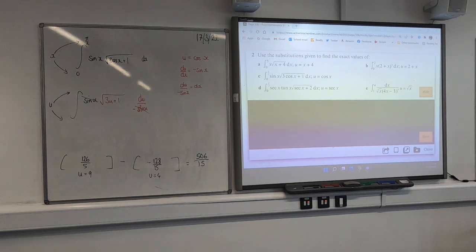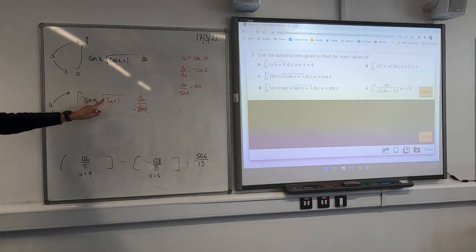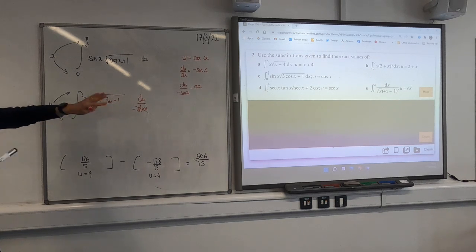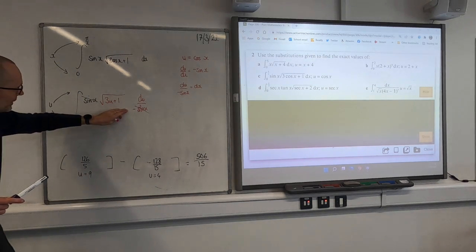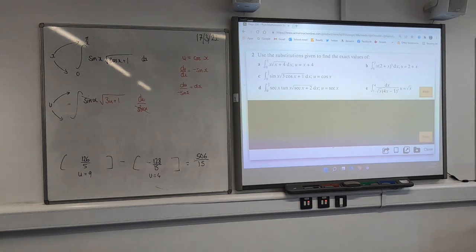So I've replaced dx with du over minus sine x, which meant I could cancel out the sine x in the original expression. I've got to remember that minus there. Dividing by minus 1 just makes everything negative. Although I mustn't forget that minus sign, like I did with the other group.